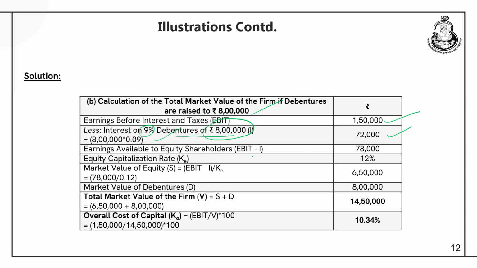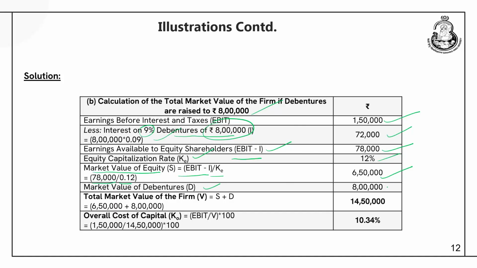That is an assumption. So, earnings available to equity shareholders, that is EBIT minus I, is 78,000. Cost of equity KE is given as 12%. Again, the risk perception of equity shareholders is not changing, it is the same at 12%, right. So, the market value of equity S you can calculate as (EBIT minus I) divided by KE. So, 78,000 divided by 12%, this is 6,50,000.